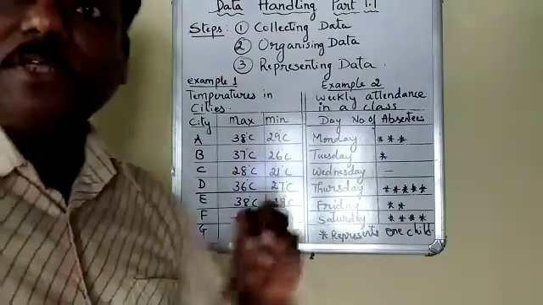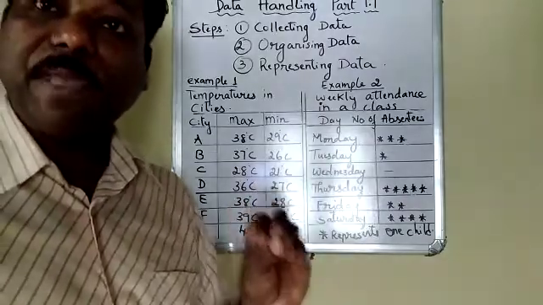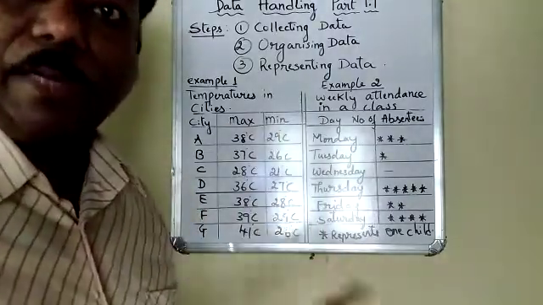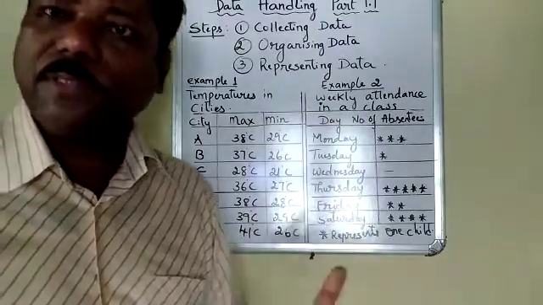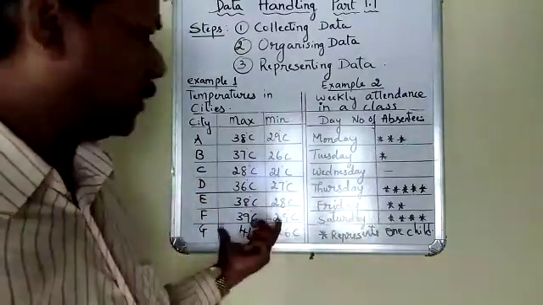Now I know which city had the maximum temperature on that particular day and which city had the minimum temperature. Is this the only thing I can get from this data?